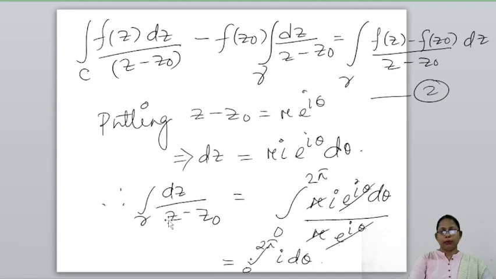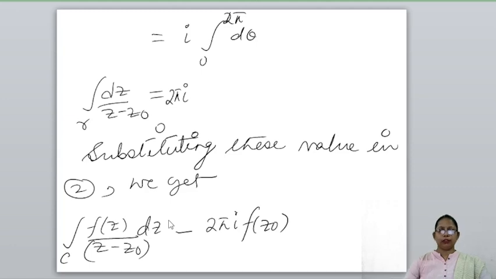Here it is f of z naught, so put the value of the integral, and we will get this on the right hand side.